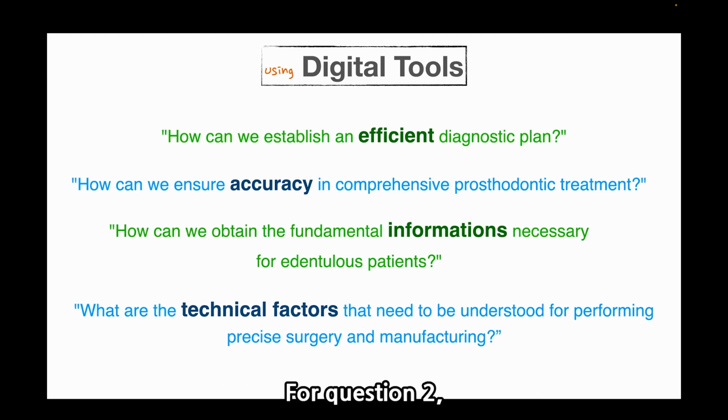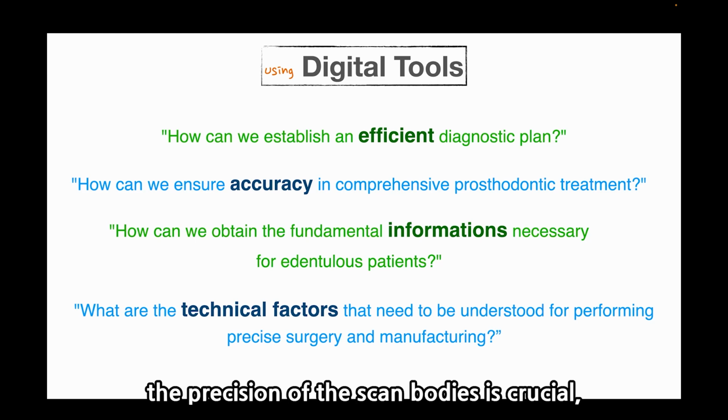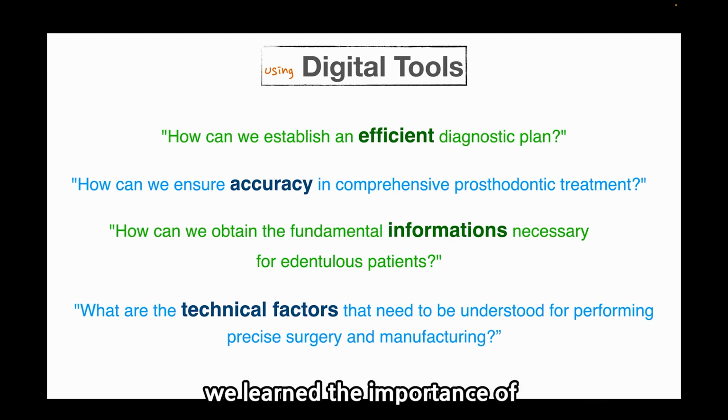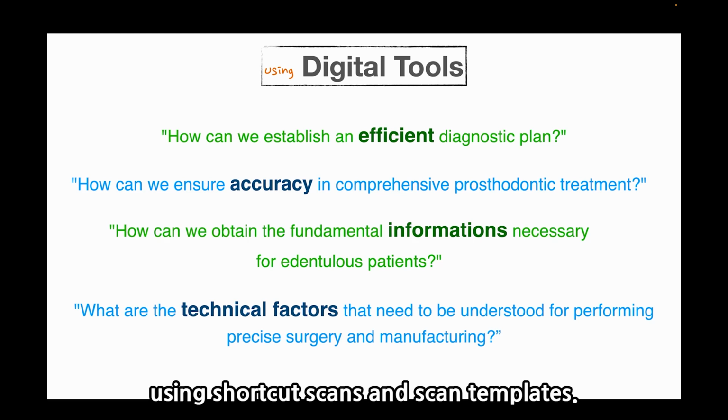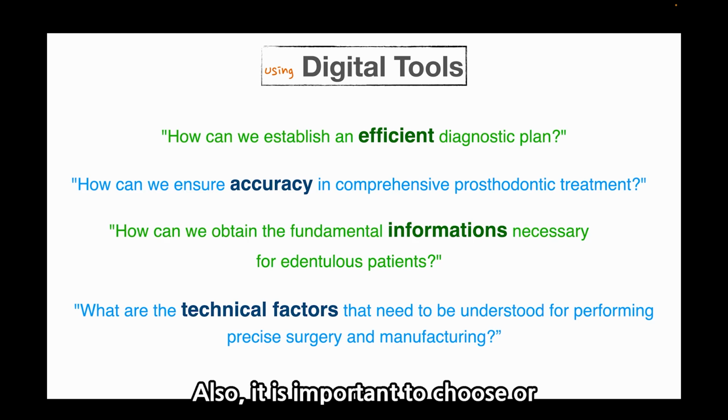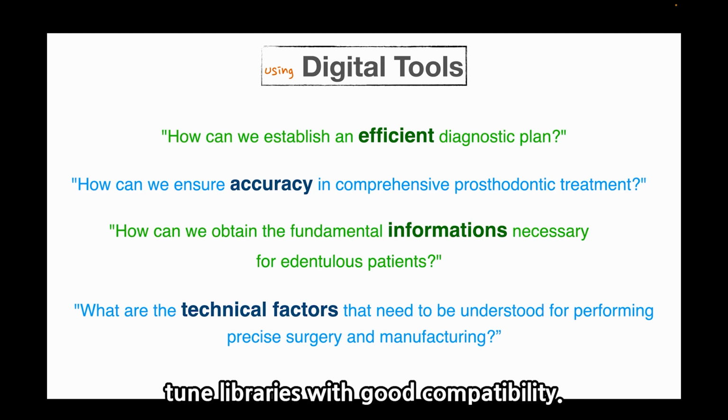For question 2, the precision of the scan body is crucial. We learned the importance of using shortcut scan and scan template. Also, it is important to choose or tune a library with good compatibility.